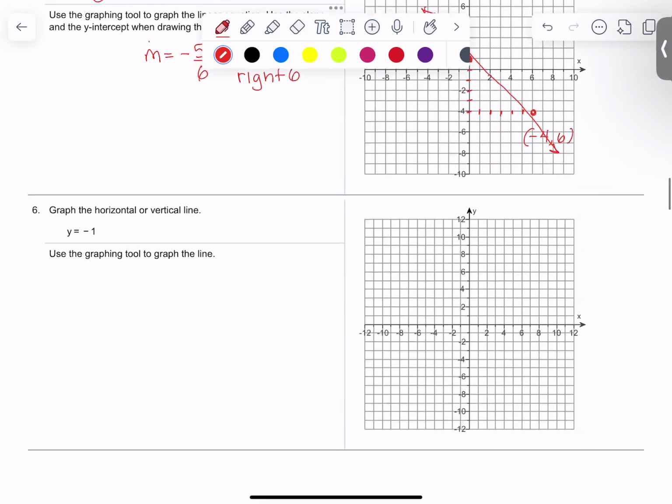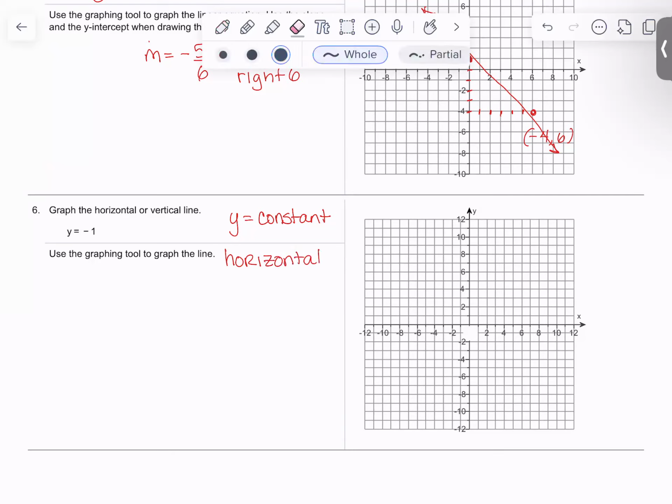If you have an equation where y is equal to a constant, that is a horizontal line at that y value. So this is a horizontal line because everywhere y is the same value, it's -1. So we're going to go to y equals -1, and we're going to plot another point at -1, and that'll draw us a horizontal line.